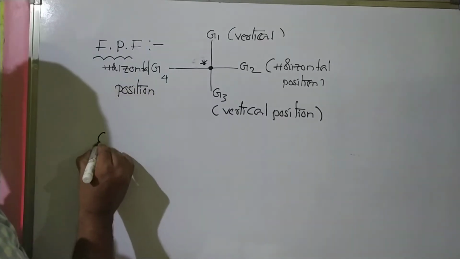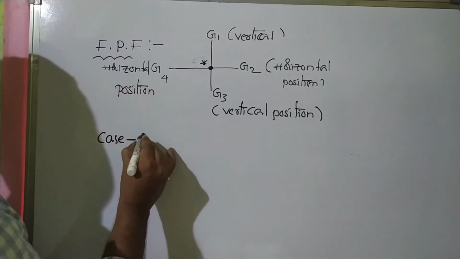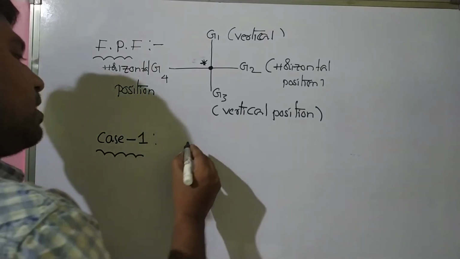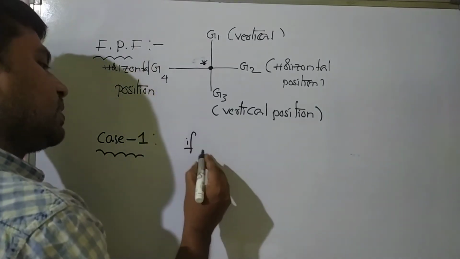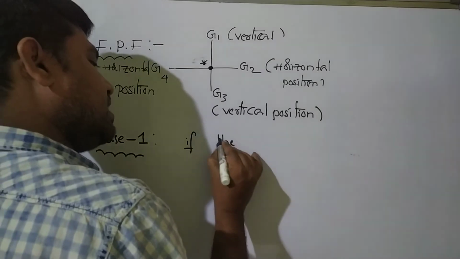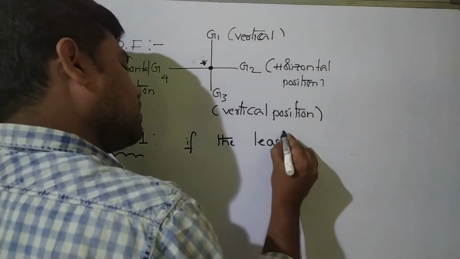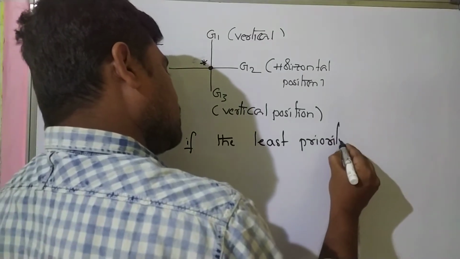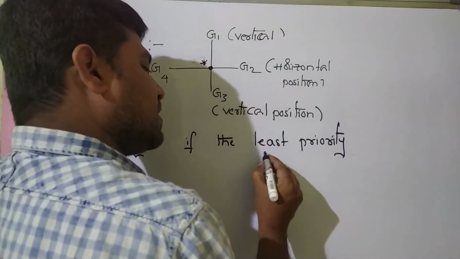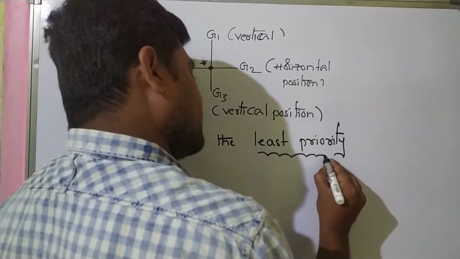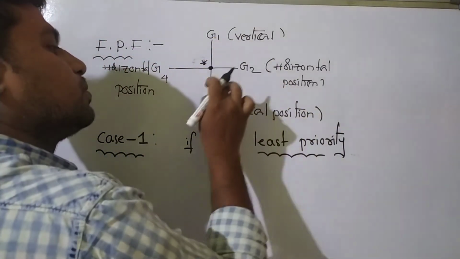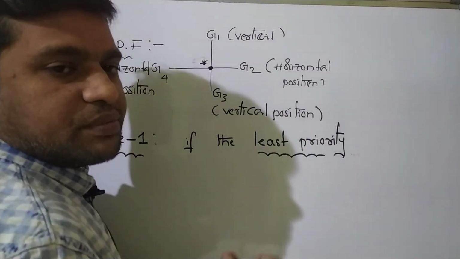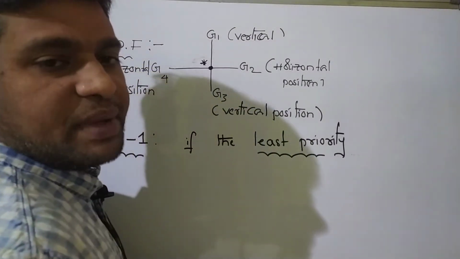Now case 1. If the least priority group, meaning 4th priority, is at a vertical position. There are 4 groups having 4 different priorities according to the CIP scheme.